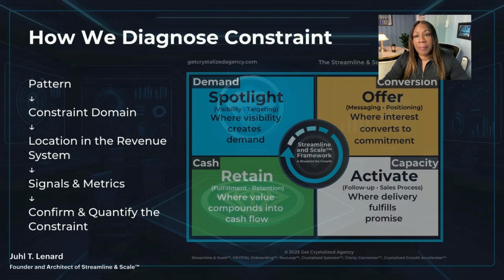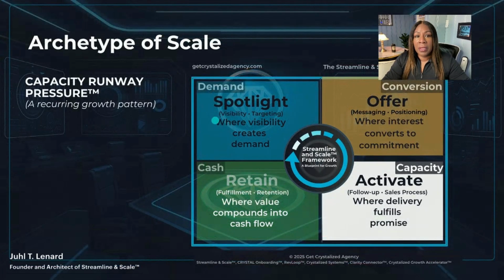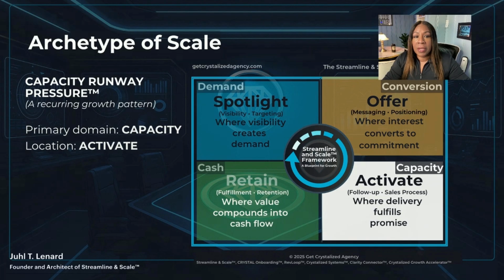So this week, we are looking at the archetype of capacity runway pressure, and this is in the capacity domain, located in the Activate quadrant of the revenue system.